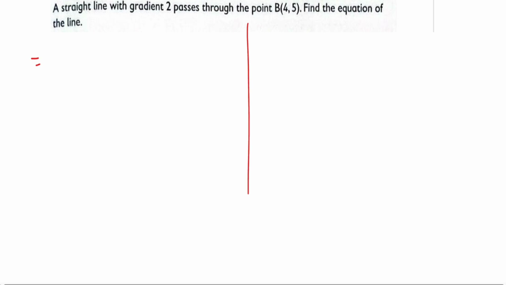Now, in case you've been given the gradient and you have your point, so obviously it becomes easy. Remember that y equal to mx plus c, right? But now we know our y and we know our x. We also know our m, correct? Our x is 4 and our y is 5. So is it hard? So we substitute and our gradient is 2.